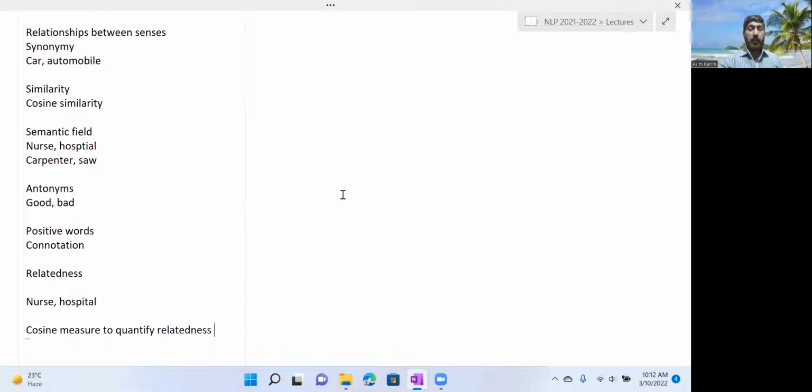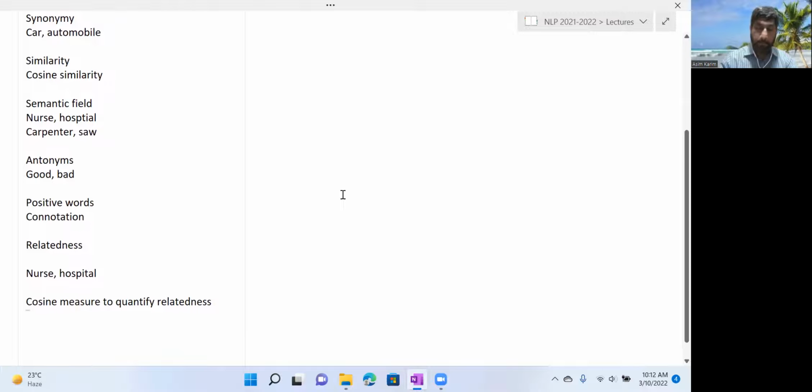So cosine similarity, the measure itself, is actually quantifying relatedness rather than just similarity. Okay.